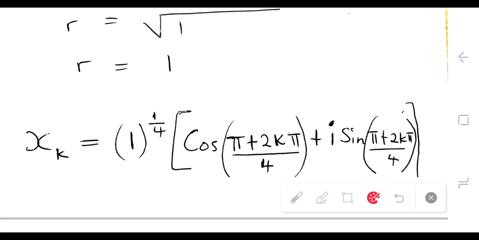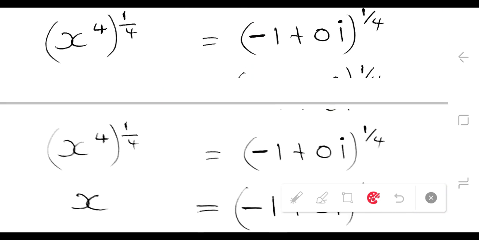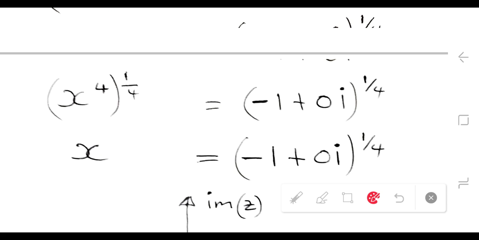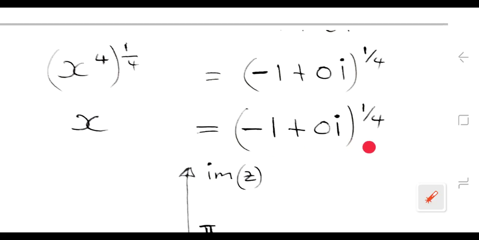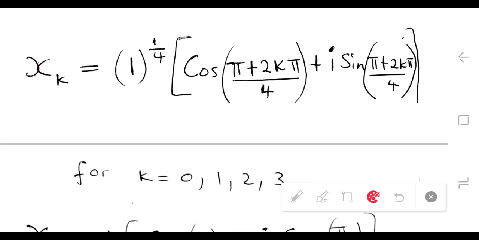Now if you want to find the roots, remember we said x is equal to that. So the roots, xk, are equal to 1 to the power 1 over 4, and you also multiply the angle pi by 1 over 4, which is the same as dividing by 4.